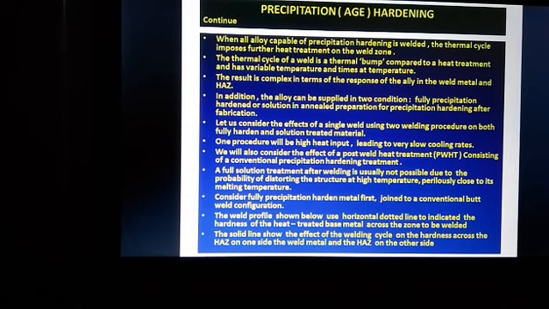In addition, the alloy can be supplied in two conditions: fully precipitation hardened, or solution annealed for precipitation hardening after fabrication. Let us consider the effect of a single weld using two welding procedures on both fully hardened and solution treated material.